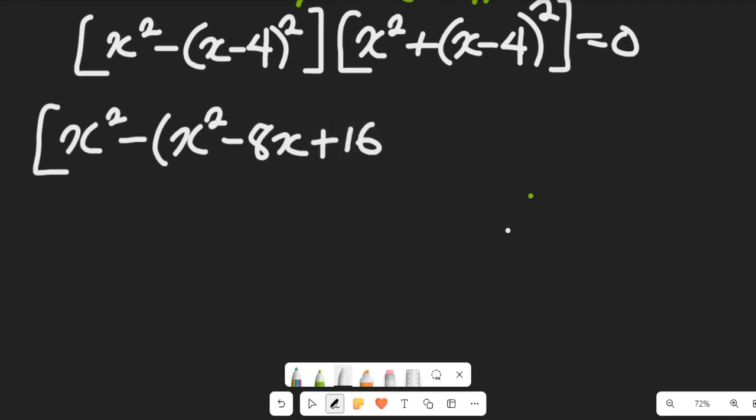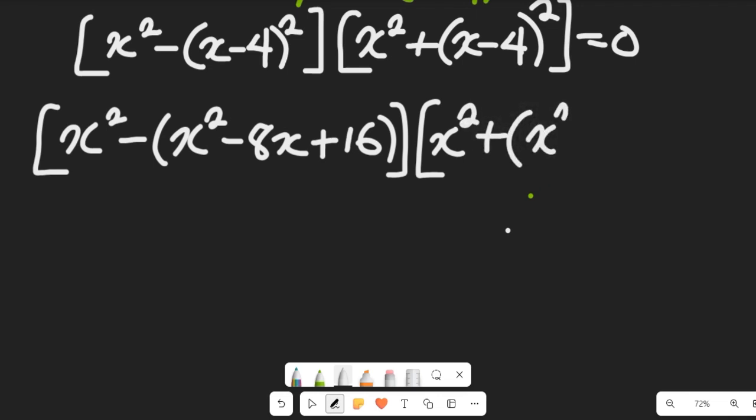And this whole thing will be multiplied by x squared plus the same thing, x squared minus 8x plus 16, and all these will be equal to 0.